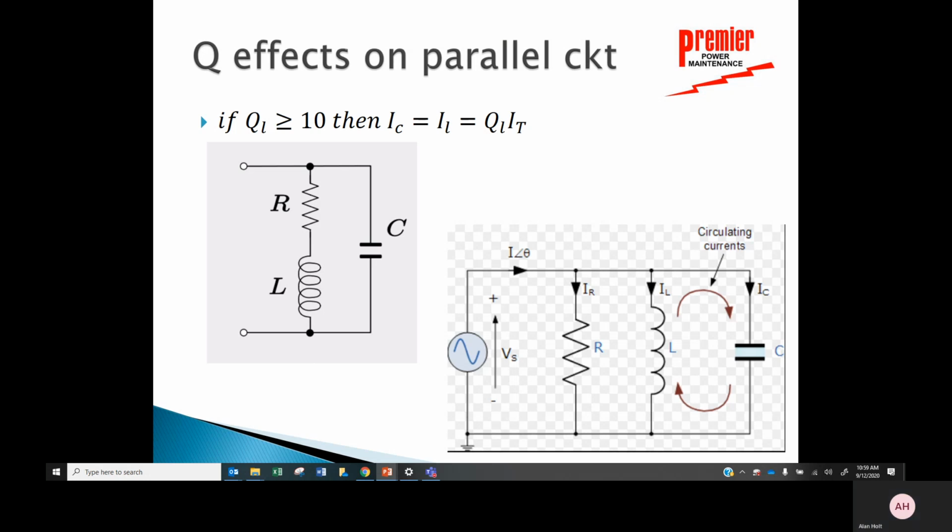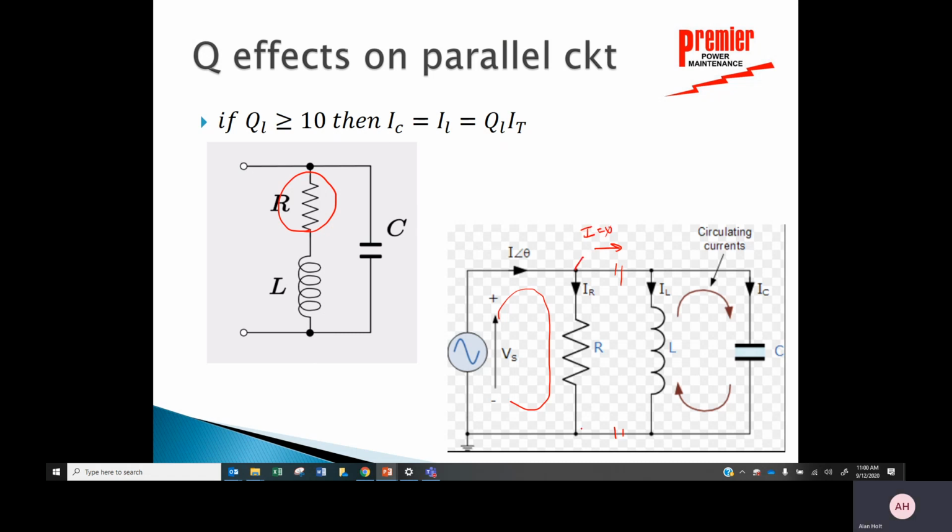So I mentioned before, in this final slide of this class, that as we look at this parallel tuned circuit, it's not perfect. It's got some resistance there. I didn't want that, but that's where it is. At resonance, this is supposed to be an open circuit, and all current flows right here, with zero current flowing right there.